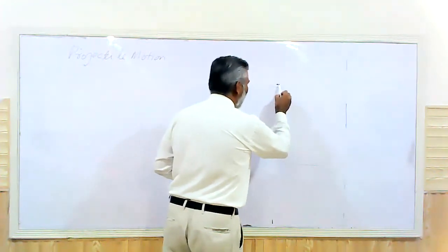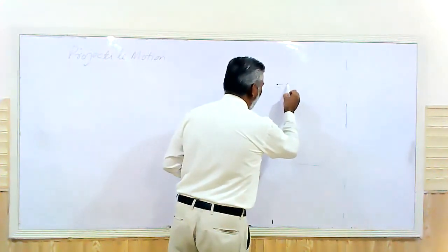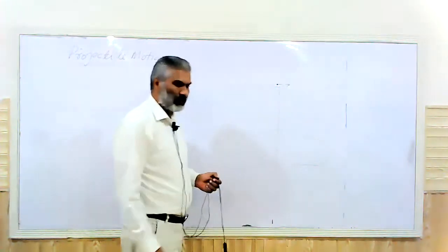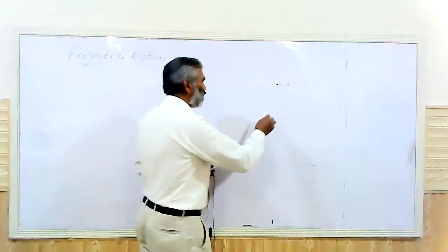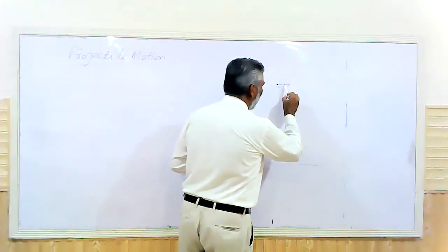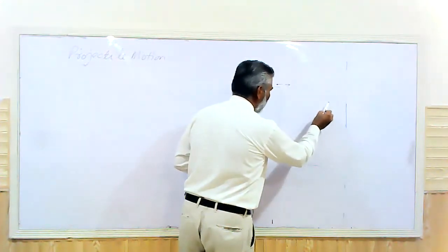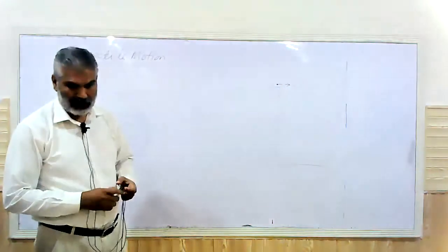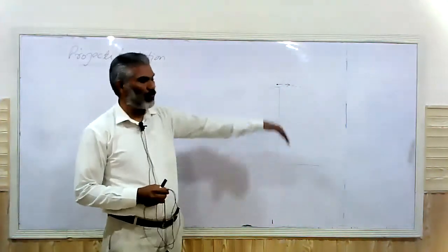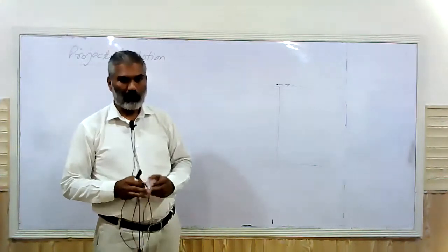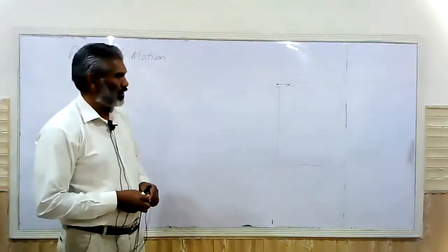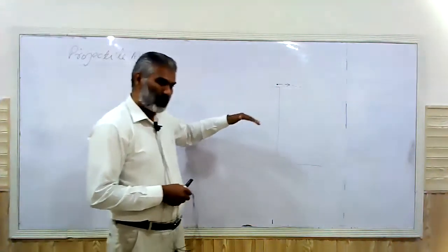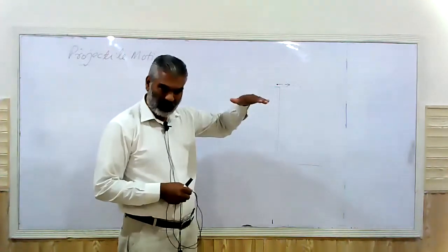And this is exactly the horizontal along which you throw an object. And when you throw this object, it follows a path which is known as the trajectory of that path. This kind of motion is one case of projectile motion in which the object is thrown horizontally.